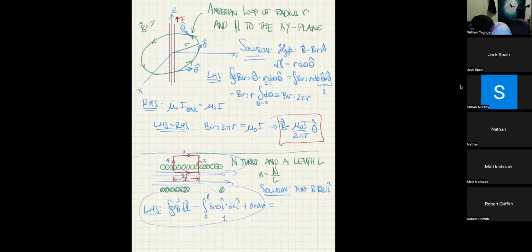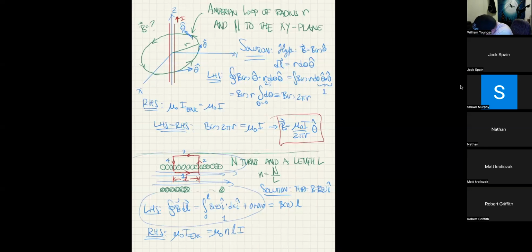So we ultimately just get B of Z, again, Z is measured from the axis or from the coils of wire, times L is all the left-hand side gets us. The right-hand side, though, is supposed to be mu 0 I enclosed. Well, that's going to be mu 0 times the number of wires. You can get the number of wires by multiplying the number of wires per unit length times the length, and then times the current the wires are carrying.